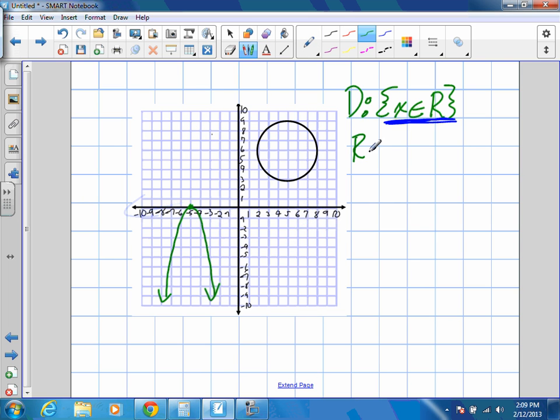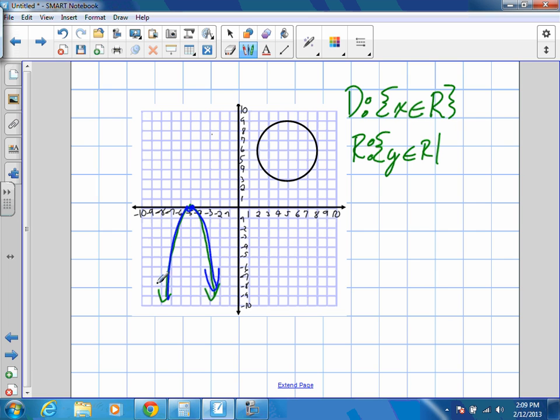The range is also continuous, so we're going to start it off with y, because range deals with the y, element of R. Such that, though, and what I'm doing is a restriction. If you notice, it only exists below 0. It doesn't exist in the positive range. It will go down forever, but it'll never come back up here.